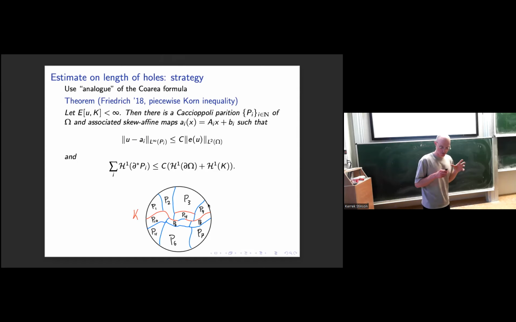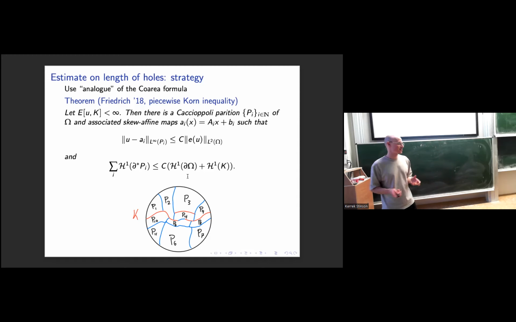What this says is if you have a function which has finite Griffith energy, then you can find a Caccioppoli partition associated to your domain and associated skew-affine maps, a_i, such that the difference of the displacement and the affine maps is controlled by the original elastic energy, and the length of these partitions is controlled by the boundary of your domain and the amount of crack you had in there to start with.